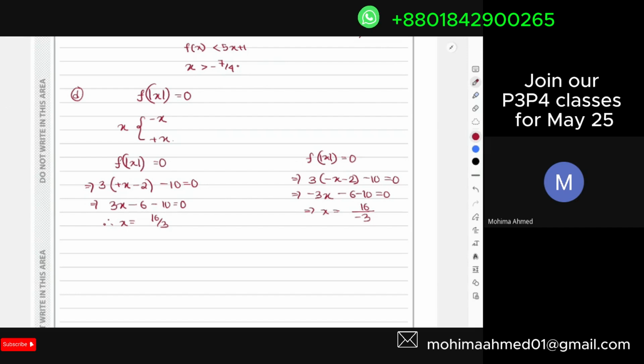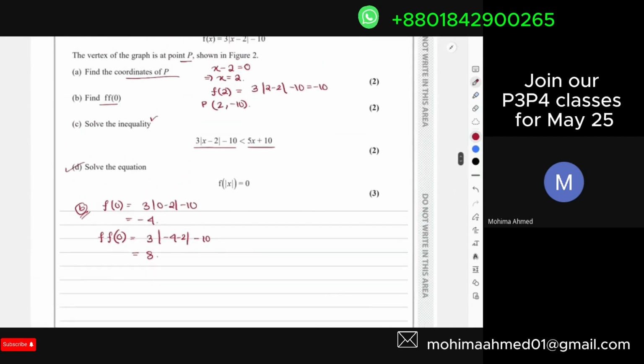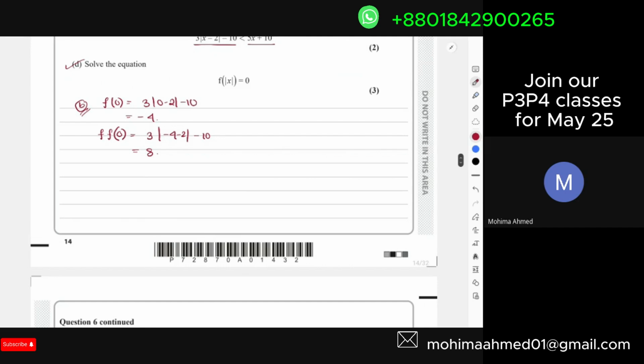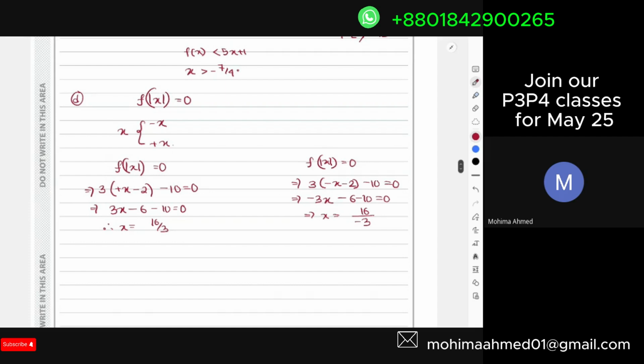But you have to again choose whether to accept the plus value or the minus value. In this case, it was stated to solve this equation equals 0. They never mentioned that you're not going to accept the plus or minus, so both of them are accepted. We have 16 over 3 positive and 16 over 3 negative, so this is your answer, nothing else. Is this clear now, Tami?